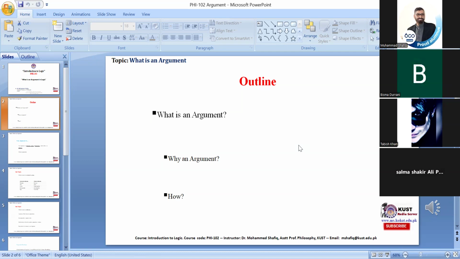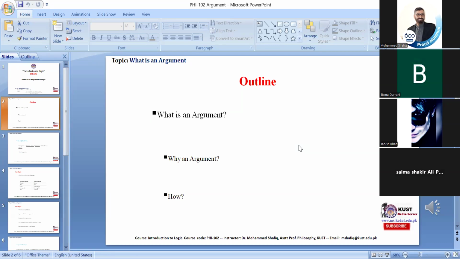If there is no link, for example, if I say all students are intelligent and today is Wednesday, therefore Mr. X is intelligent. Although the first premise and the conclusion have a link, there is a missing link, because the second proposition does not reflect any inference or any kind of link between these propositions.